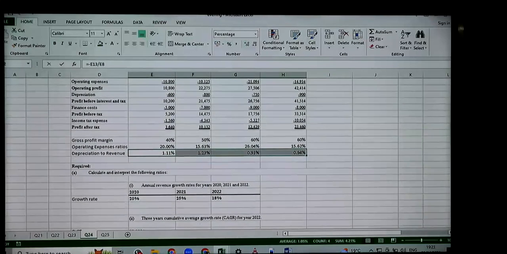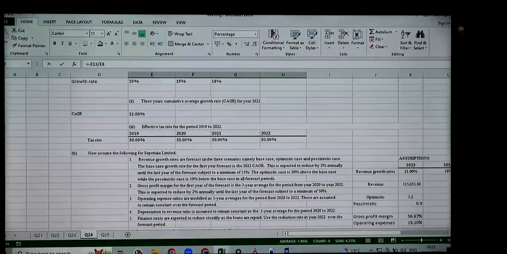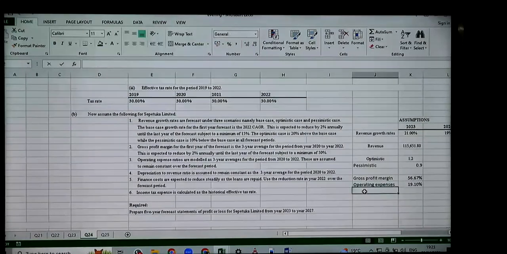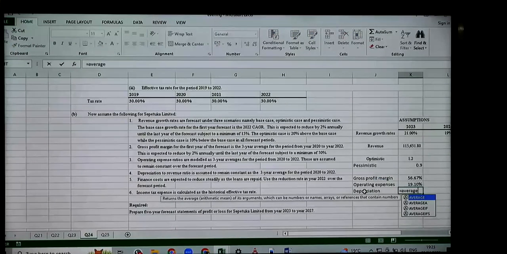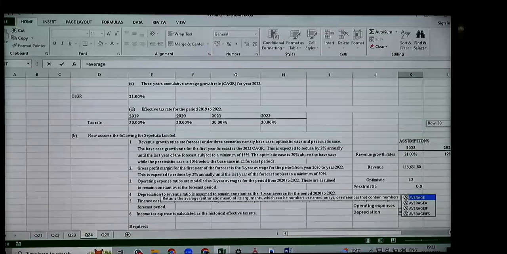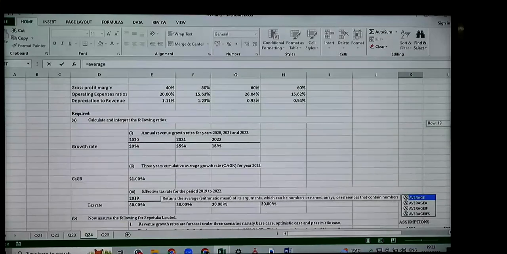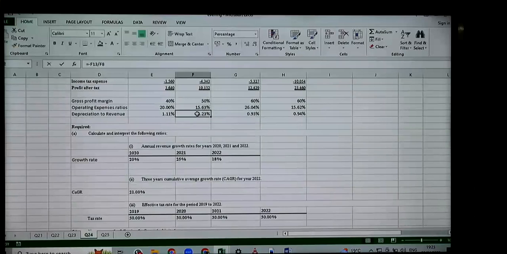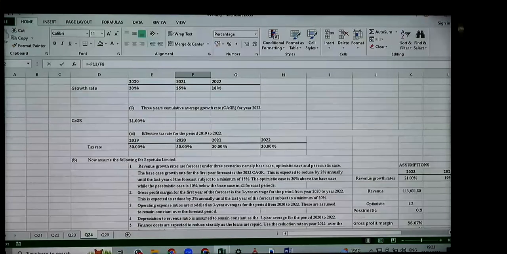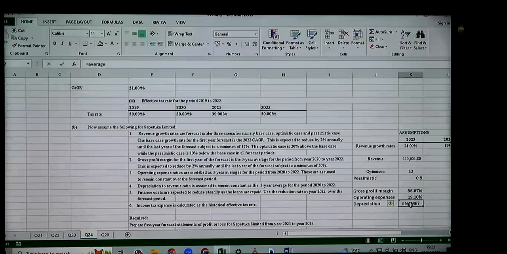So this one is assumed to remain as a 3-year average. Depreciation equals average because they are remaining as a 3-year average. So from 2020 here, okay, equals average.